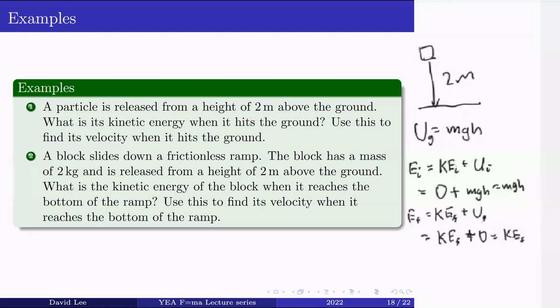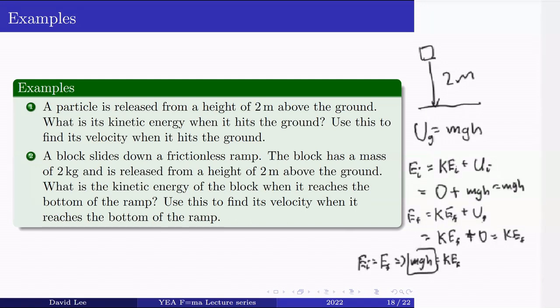All right. But now we can use conservation of energy here. Its initial energy is going to be equal to its final energy. And what we get from this is that mgh is its final kinetic energy. All right, cool.